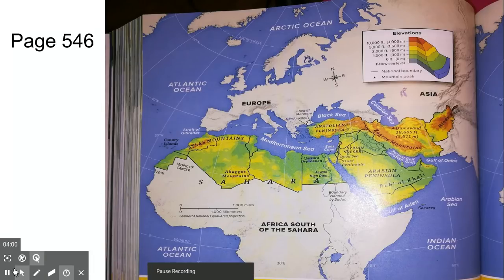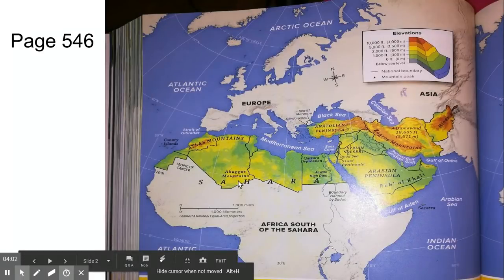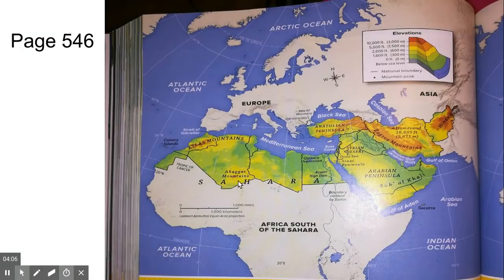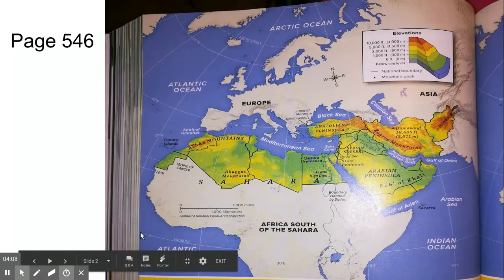All right, I left off those mountains, sorry about that. I want to point out latitude. We see 0 degrees latitude right here, and that marks the equator that's going to cut through the African continent.